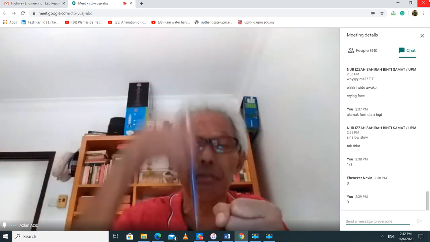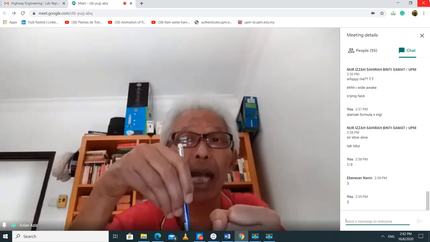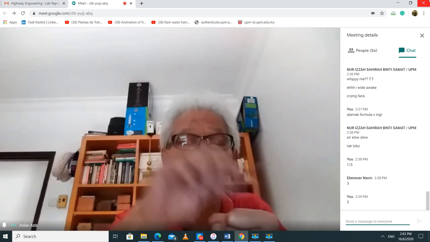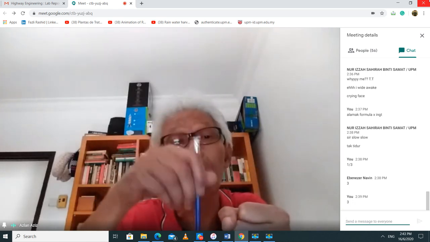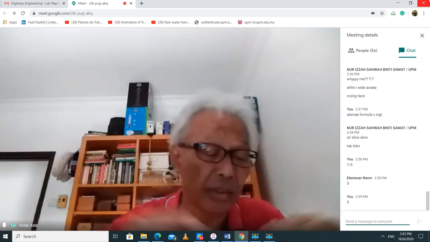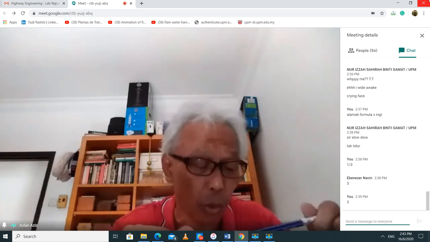So I have only the vertical direction. If I call that direction Y, then this is X and that is Z. So we only bother with the vertical direction. That's why you see the strain in the horizontal direction, on page 8, is 0.